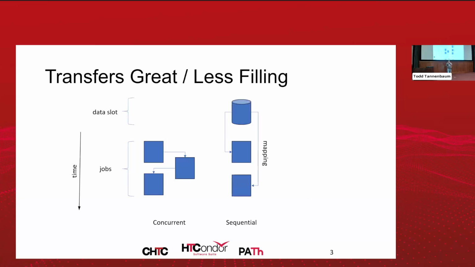So a little graphical representation here. On your left, we have what we were doing last year with concurrent usage, where these boxes, I'm sorry, I'm putting up the wrong part, are jobs. At least one job running at the same time.